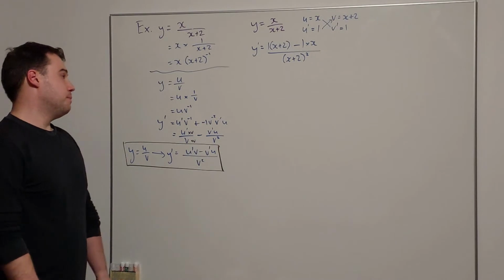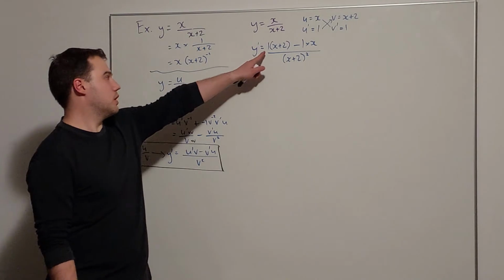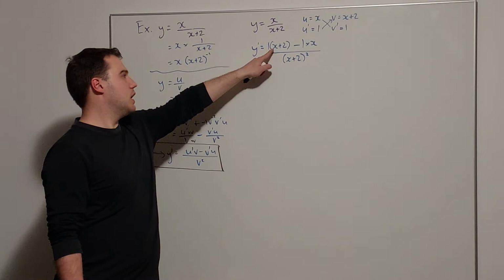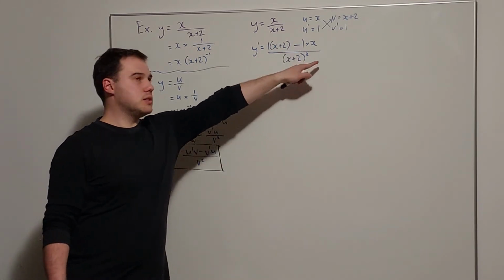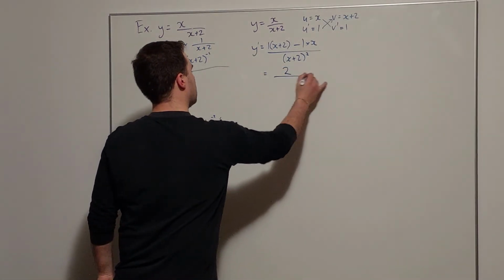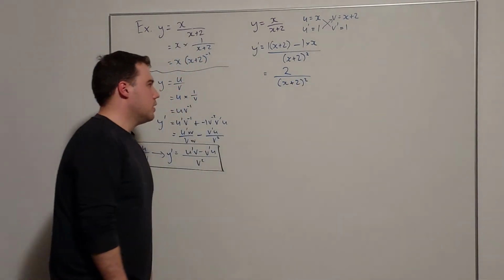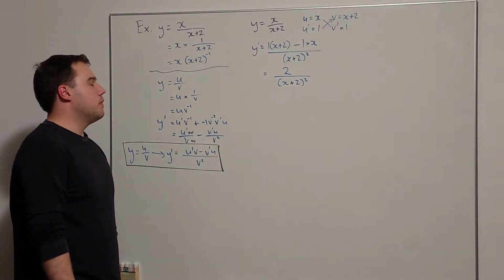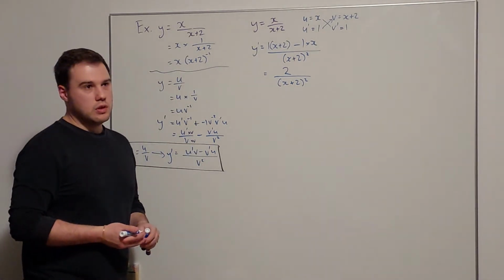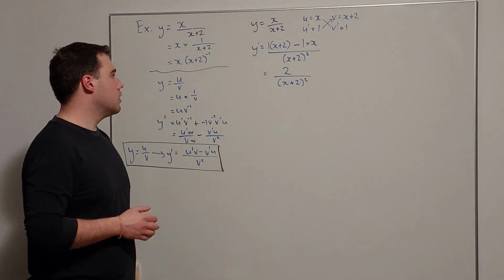Okay, and then do whatever algebra is required. We can expand this out. 1 times x plus 2 is x plus 2, and then we're going to have some like terms. x minus x is going to be 0, and then we're going to have a positive 2. So that's the derivative of x on x plus 2, which hopefully, if you did that using the product and the chain rule, you can also get the same thing once you've simplified it.